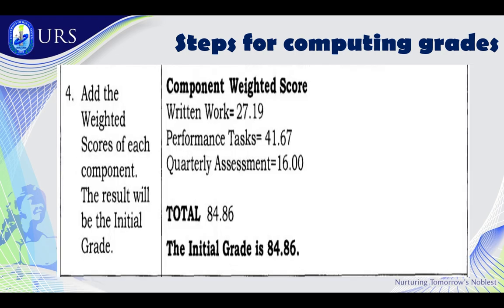So, component weighted score, written work is 27.19, performance task is 41.67, ang quarterly assessment po is 16%. So, total of 84.86. And the initial grade po is 84.86.